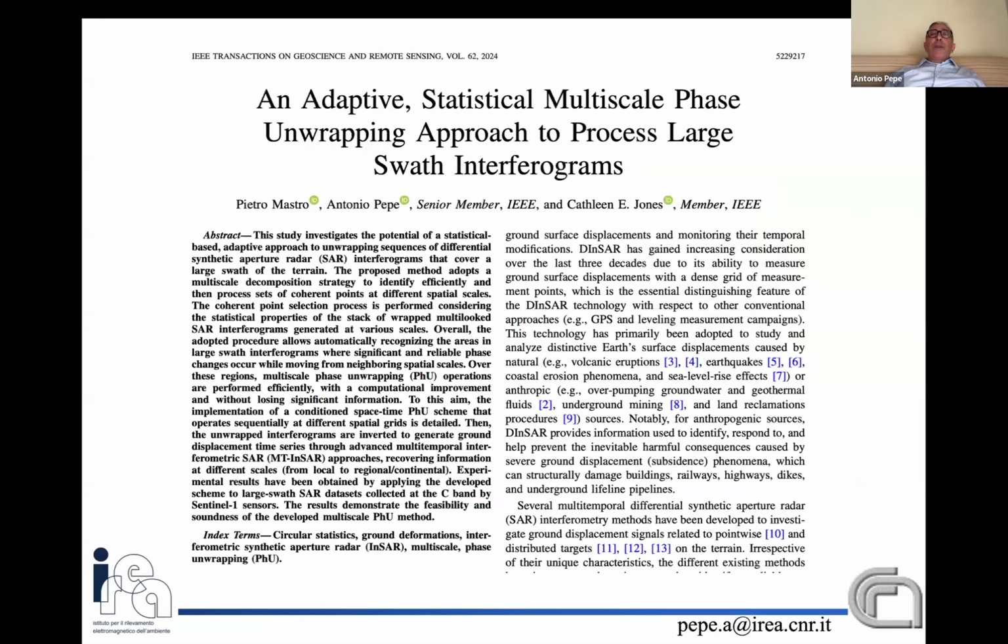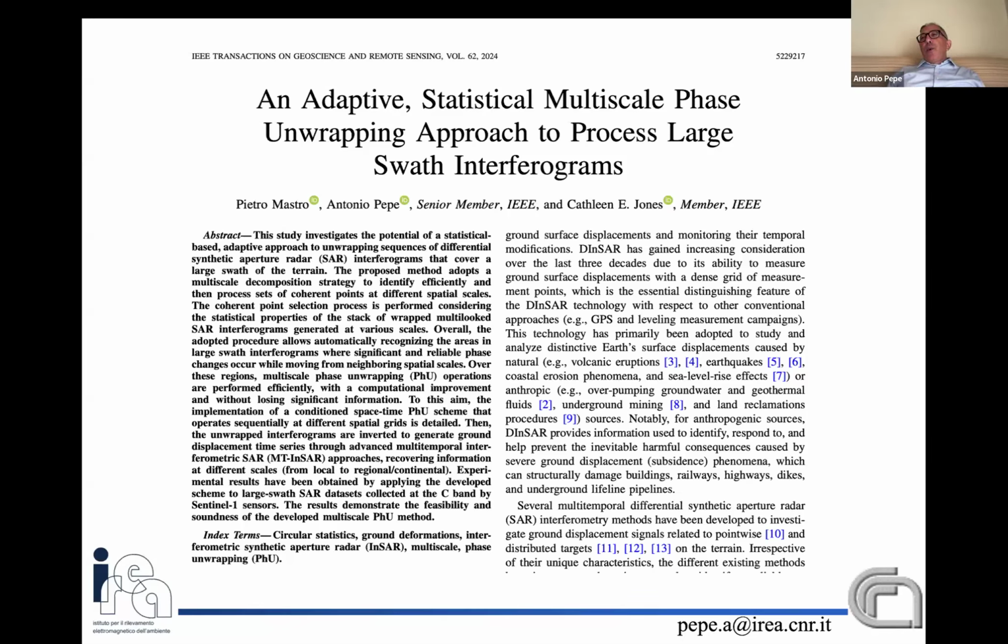We have also developed other methods, for instance, for the adaptive and statistical multi-scale phase unwrapping of large SAR interferograms, because this is now also an interesting topic. More and more in the future, we will have big, large SAR interferograms. Maybe we would like to have an interferogram for the entire planet.